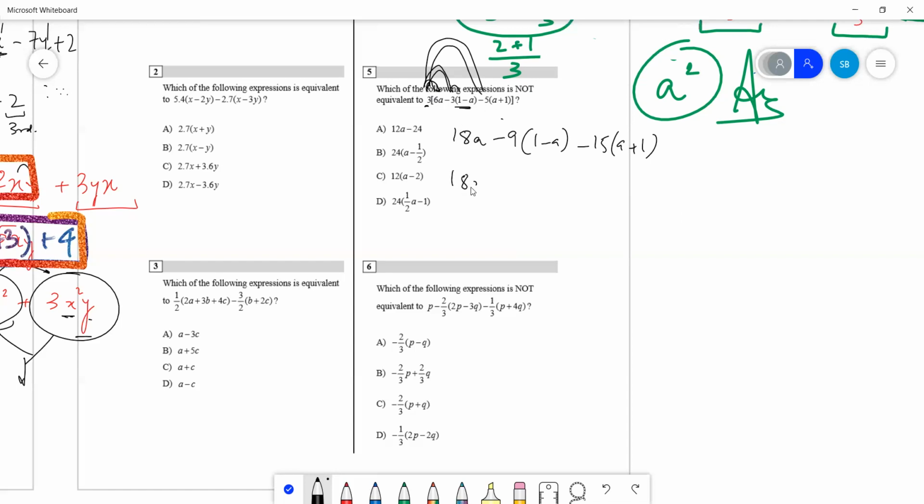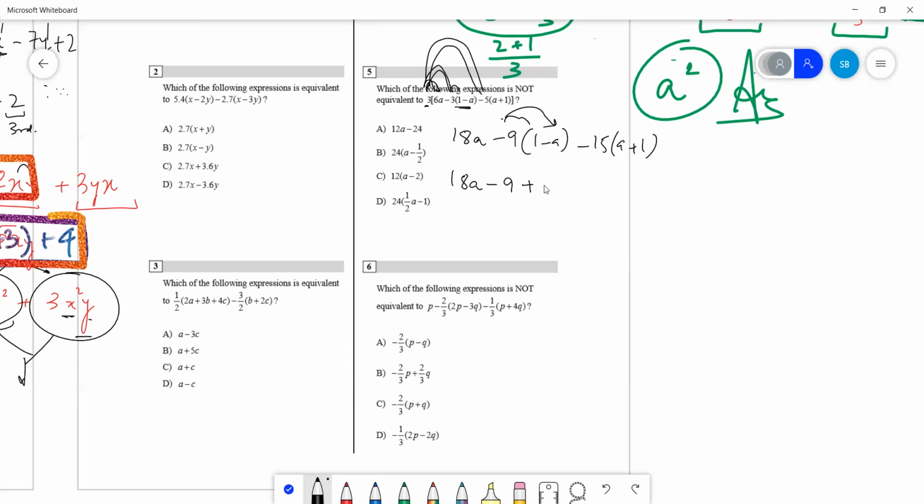So 18a, and then negative 9 times 1 is how much? Negative 9. Negative 9, and then negative 9 times negative a. Wouldn't that be 9a?